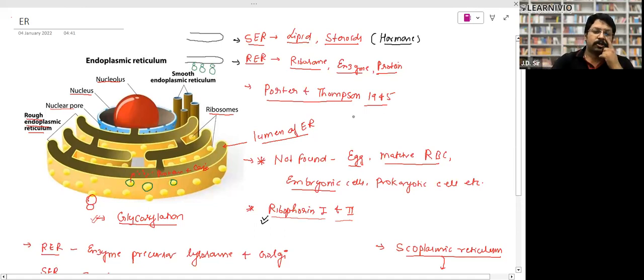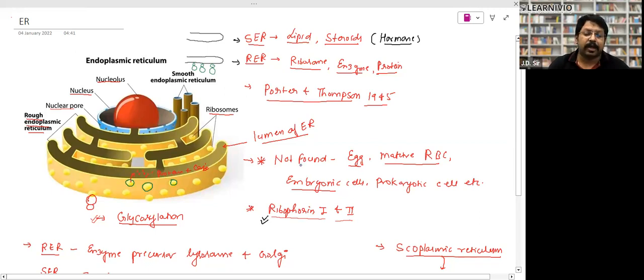Look, the smooth endoplasmic reticulum's function is to produce lipid and steroid. Steroids are a type of hormone. Rough endoplasmic reticulum has ribosomes on its surface. Right. They produce enzyme and protein. They were discovered by Porter and Thomson in 1945, right? The space inside these structures is called the lumen of endoplasmic reticulum.